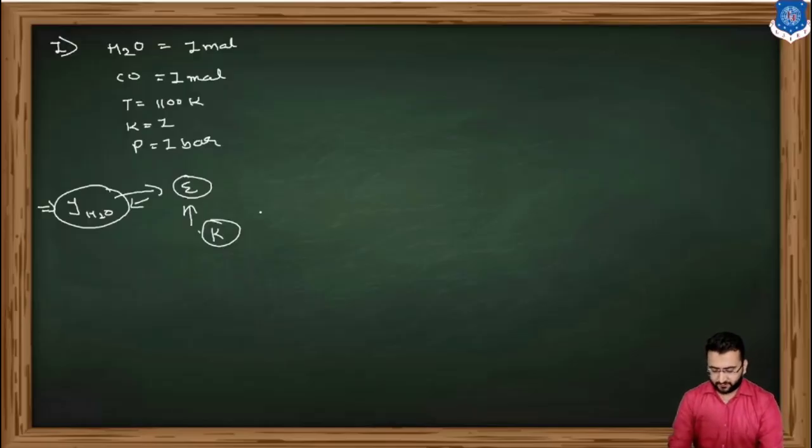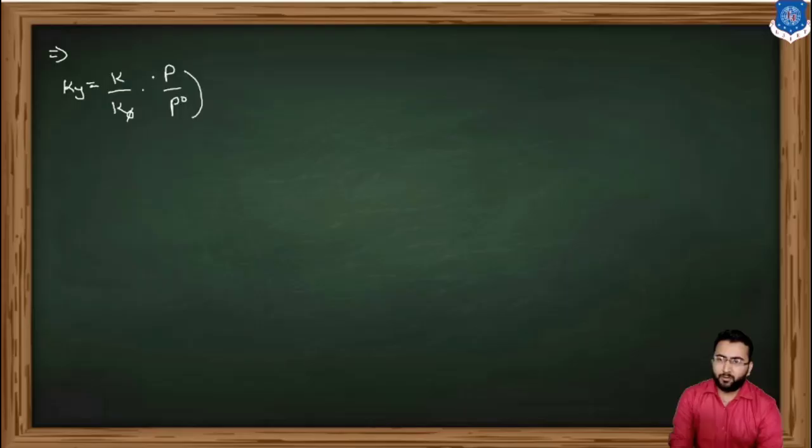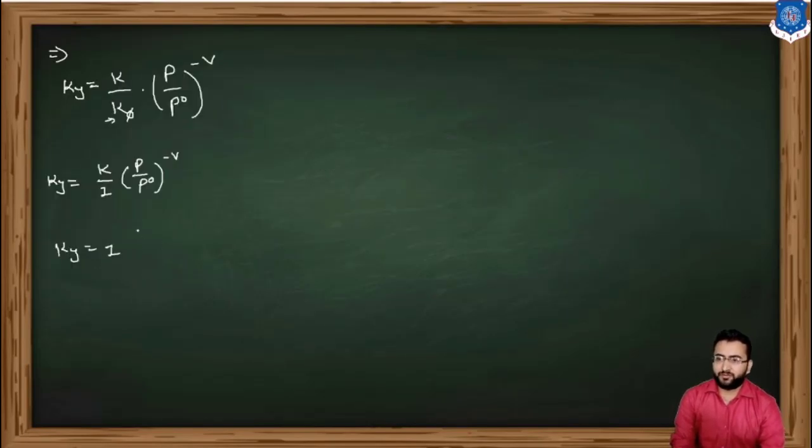Which equation are we going to use? We use the equation Ky is equal to K upon Kphi into P upon P naught whole raised to minus V. For the ideal state, Kphi becomes 1. So Ky is equal to K upon 1 into P upon P naught whole raised to minus V. Putting the value of K, which is 1, it becomes 1.